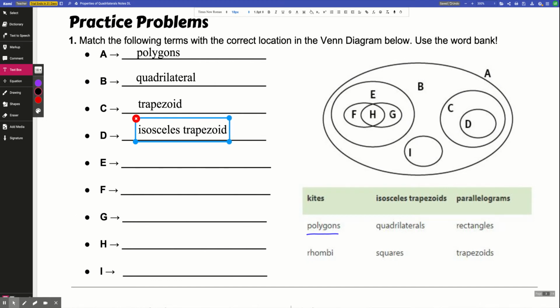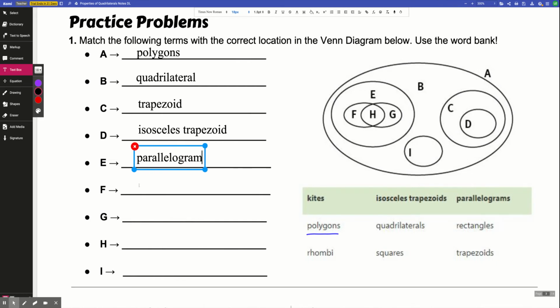Okay, so then if we go over to E, F, G, and H, that's like our parallelogram umbrella, right? Because you've got lots of things inside the general circle, which is the E circle. So E would be your umbrella, your parallelogram, right?